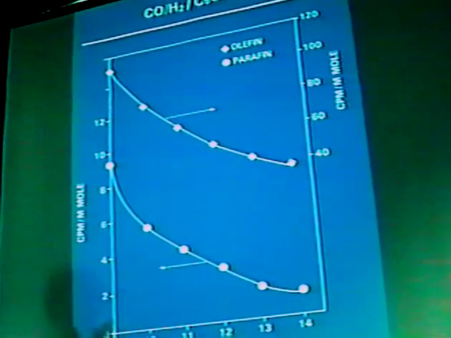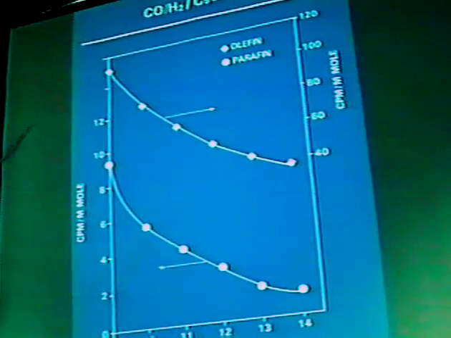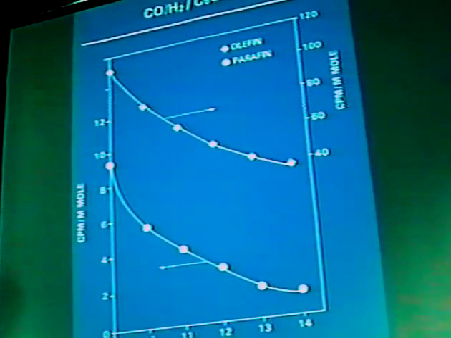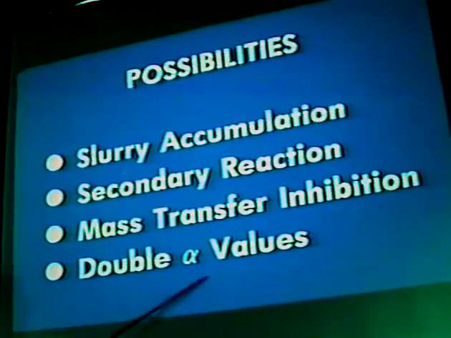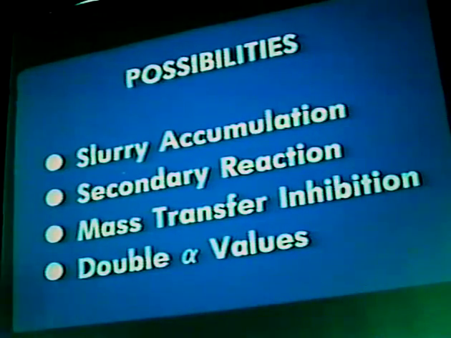So that doesn't work. Another possibility is the double alpha value, which can probably provide us some information. Let's go to the next slide.